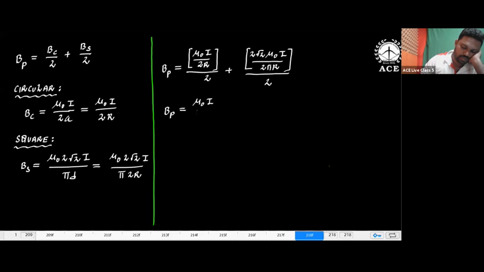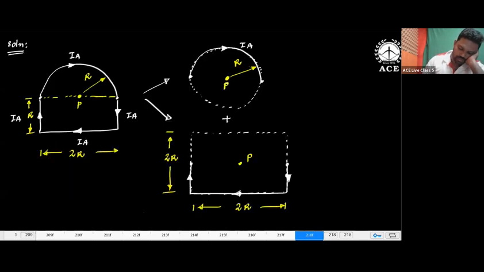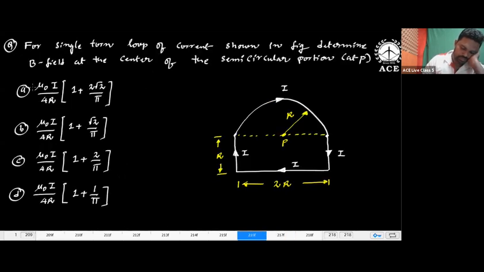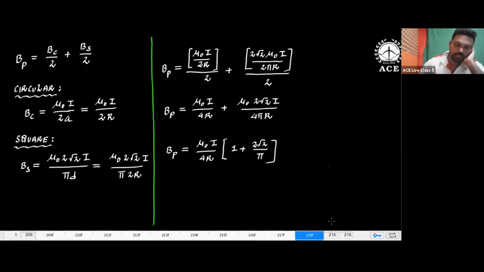BP is equal to mu naught into I by 4R plus mu naught into 2 root 2 I by 4 pi R. BP is equal to mu naught I by 4R common, into 1 plus 2 root 2 by pi. So option A is the answer, beta: mu naught into I by 4R, into 1 plus 2 root 2 by pi. Clear, beta?